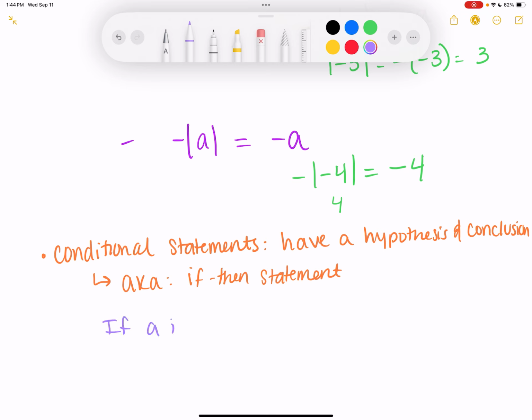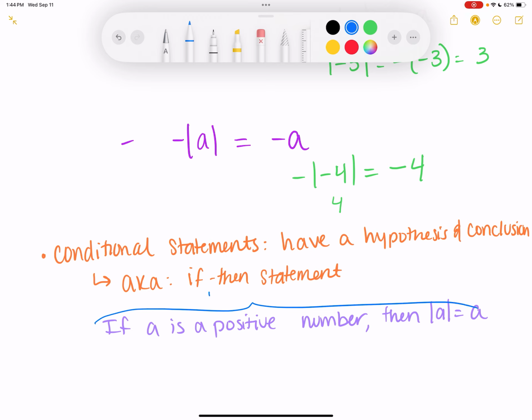If A is a positive number, then absolute value of A equals A. So this whole thing is called a conditional statement.